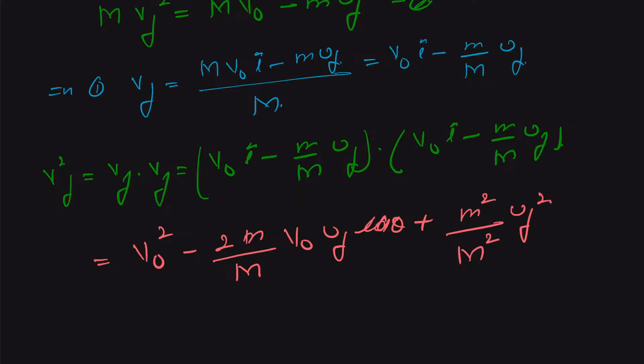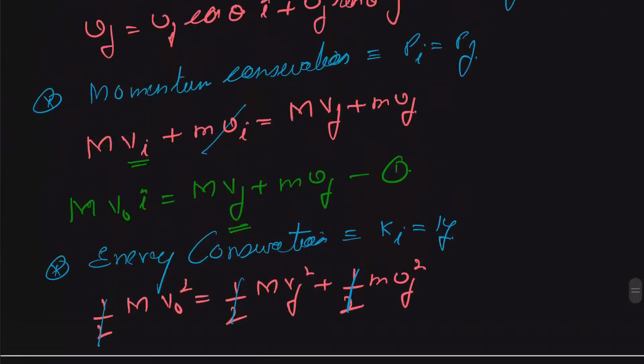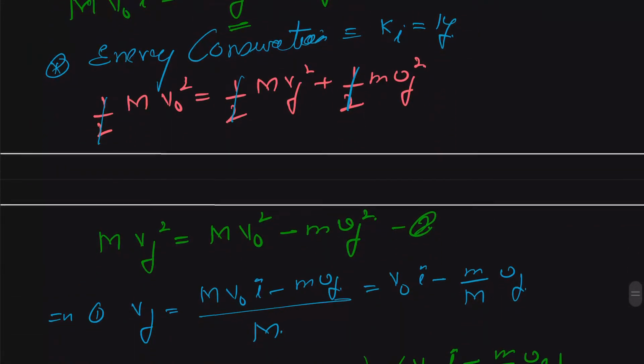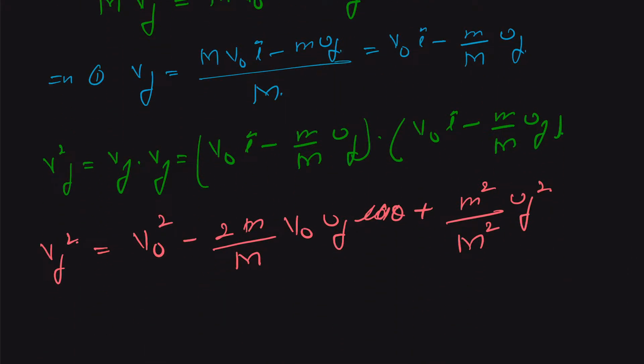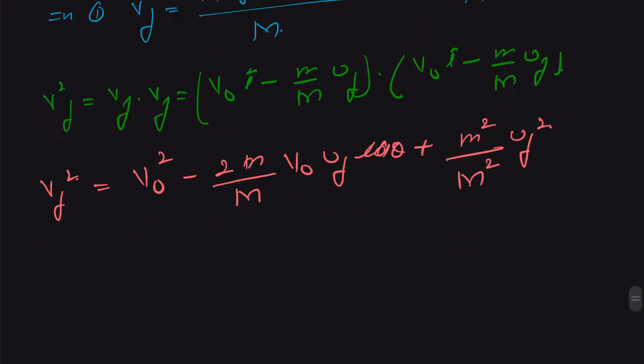And now we can rearrange it. We have our equation number 1 and 2, with a v naught square here and V_f here. So let's rearrange it.